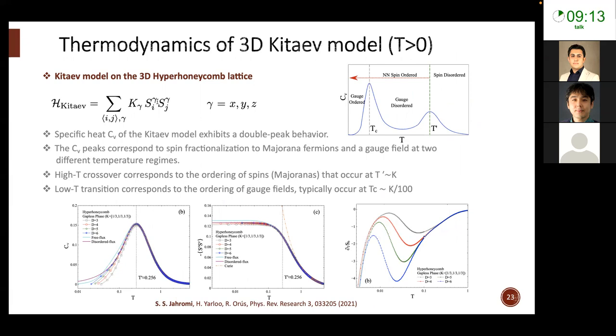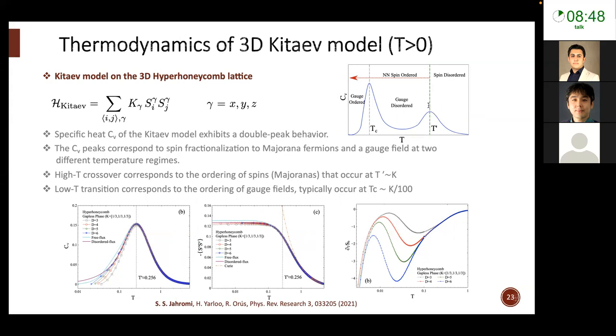So it is very well known that if you look at the specific heat of the Kitaev model at finite temperature, cooling down the system from high temperature, where you are in a spin disordered phase or a quantum paramagnet phase, you would first reach a first peak in the specific heat.